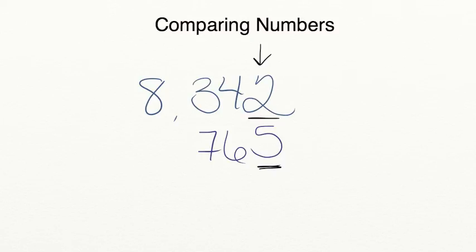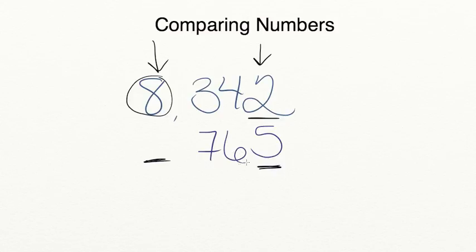Are you ready for step 2? Let's go. So now that we've lined up our ones place for step 1, for step 2, we're going to start all the way over here in the left-hand column, and we're going to compare the place value furthest to the left, because that is our largest place value. So we're going to compare this 8, which is in the thousands place, to the thousands place in this number.